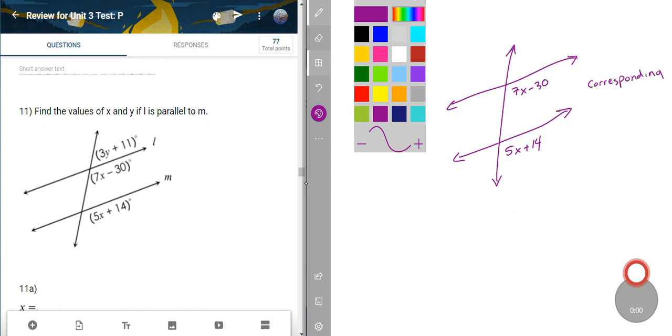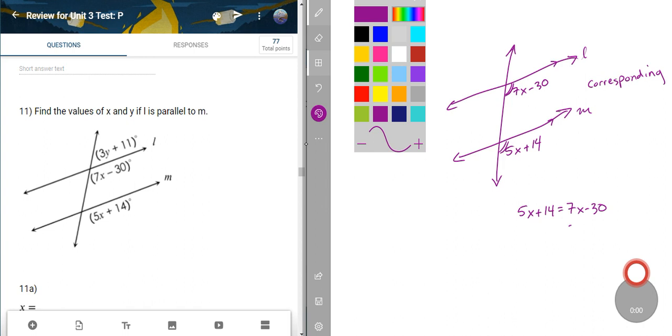The question is find x and y if these are parallel. So if these are parallel to each other, L and M, then we know that the corresponding angles are congruent. So we can say that 5x plus 14 is equal to 7x minus 30.